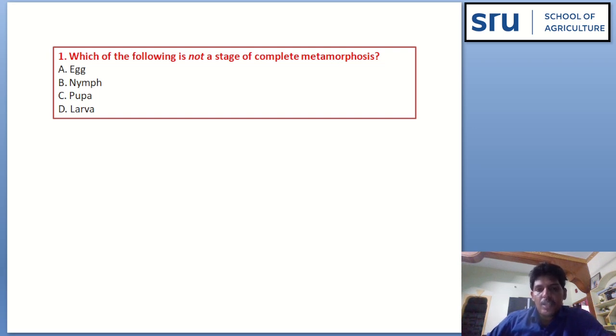In complete metamorphosis, egg stage is there, nymphal stage is not there, pupal stage is there, larval stage is there. Therefore, the correct answer is B, that is nymphal stage. Nymphal stage is not a stage of complete metamorphosis.